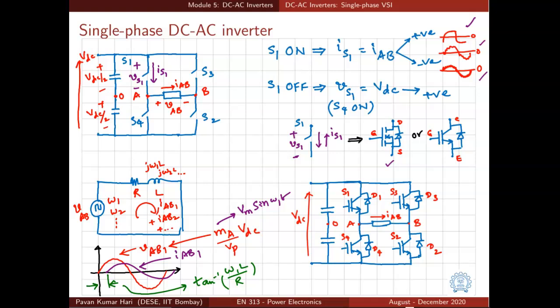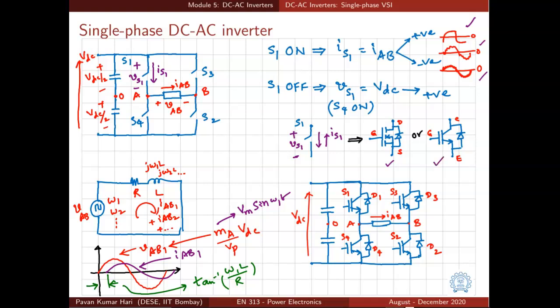And when the blocking voltages are more than a few hundred, up to a few thousand, and the currents that need to be carried by the switch go more than a few tens of amperes onwards, all the way up to a few kiloampere, people go for IGBTs, which are shown here.